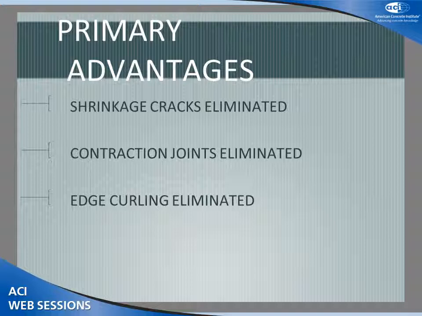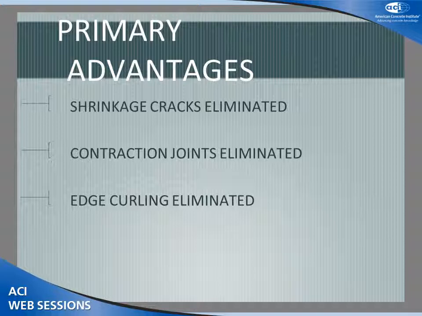And here's the third primary advantage, edge curling. Edge curling can be eliminated in two ways. First, the elimination of contraction joints eliminates the possibility of edge curling, as you have no joints. But second, the principal cause of edge curling is differential shrinkage of the concrete, with the top surface drying and shrinking first.